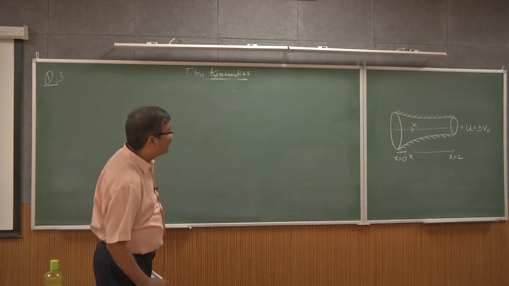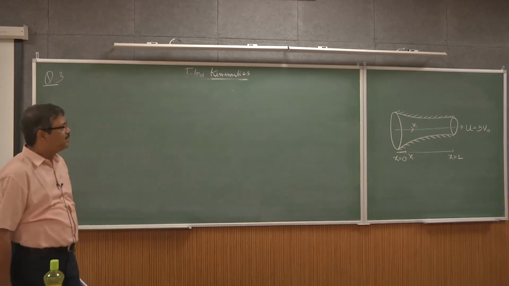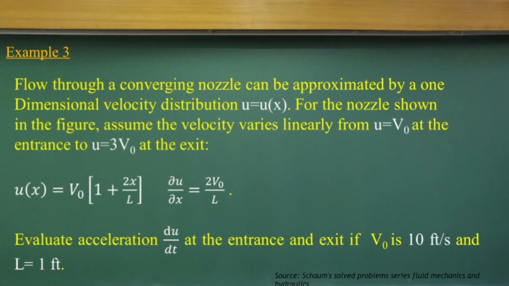Let us solve the third example, which is a very interesting problem. The flow through a converging nozzle as given in the figure can be approximated as one-dimensional flow.